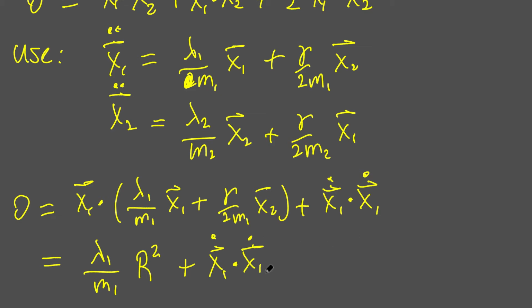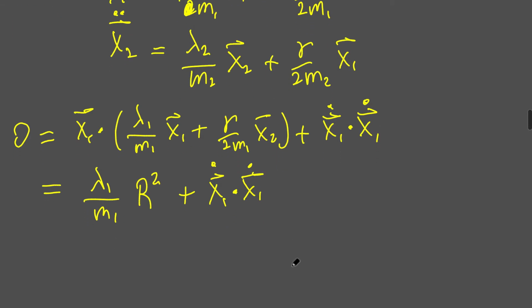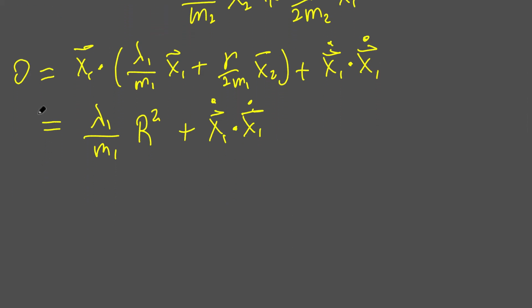Now I'm getting kind of tired of writing all these x1 vector dots and so forth, so let me use a slightly simplified notation. Let v1 vector be x1 vector dot, v2 vector be shorthand for x2 vector dot, and so forth, v for velocity.